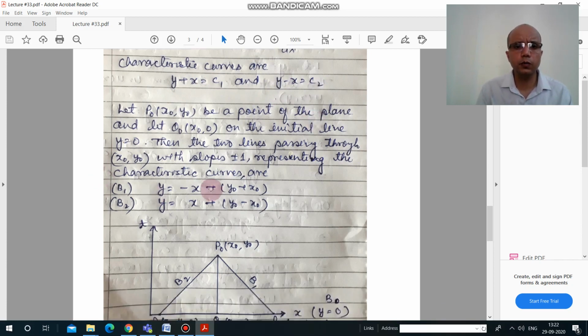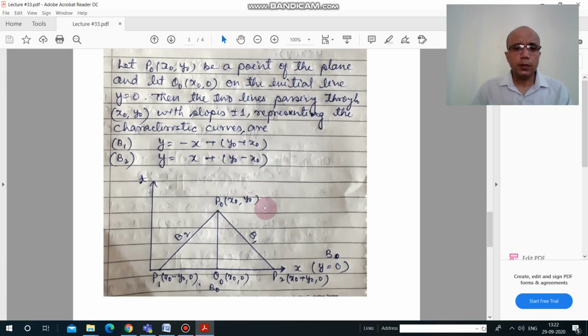One is y equal to minus x plus y0 plus x0, another is y equal to plus x plus y0 minus x0. Clear? These are the values of c1 and c2. Suppose P is the point, and if you draw the perpendicular from P0 to the x-axis, then you will get another point Q0 where this line intersects, and the coordinates of Q0 will be (x0, 0).